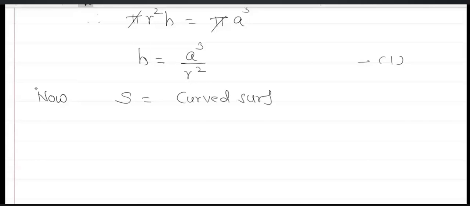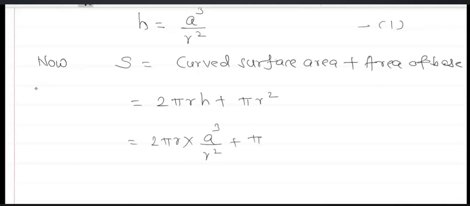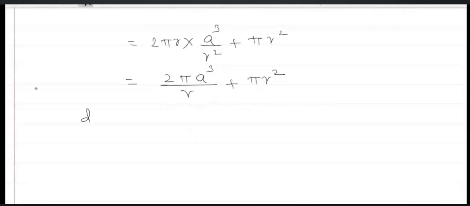Now S is equal to curved surface area plus area of the base. Because the cylinder is open, we will add curved surface area plus area of the base. 2 pi rh plus pi r square. That is 2 pi r into the value of h, a cube upon r square, plus pi r square. 2 pi a cube upon r plus pi r square.